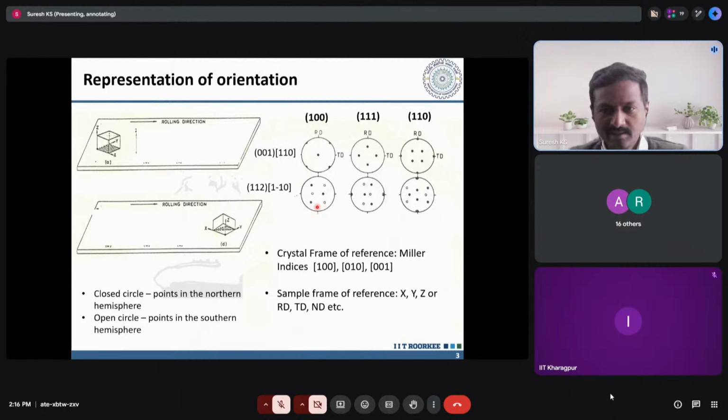So the open circle represents the parallel planes which are occurring in the southern hemisphere, something like say bar 1, bar 1, 2 and so on. And since neither the 100 or 111 planes are parallel to the rolling plane, you don't find anything at the center of this pole figure. On the other hand, the 110 direction is parallel to the rolling direction, so you see a spot corresponding to the RD.